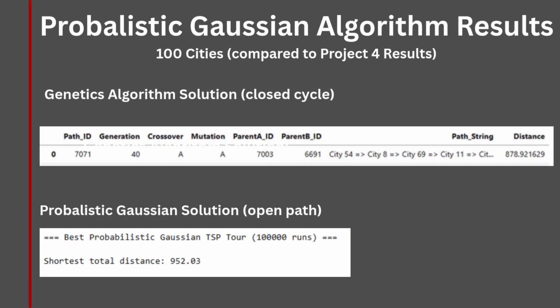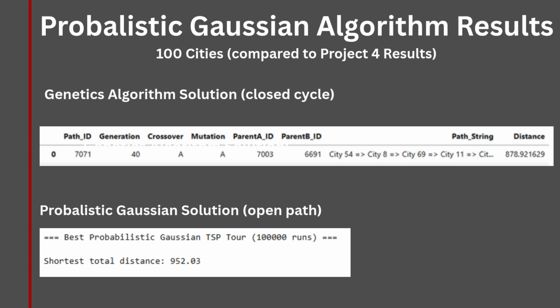comparing to Project 4 results, which used the genetic algorithm, the best distance I got with 100 cities far exceeded what I got with the probabilistic Gaussian solution.